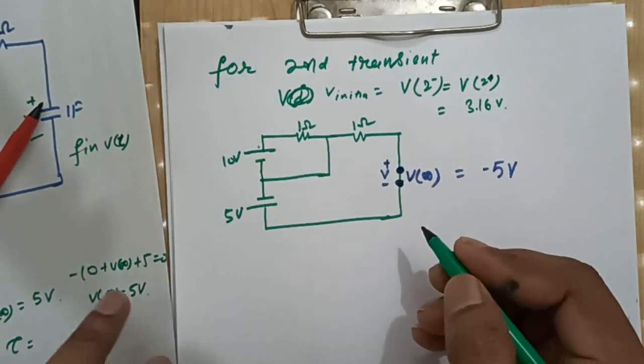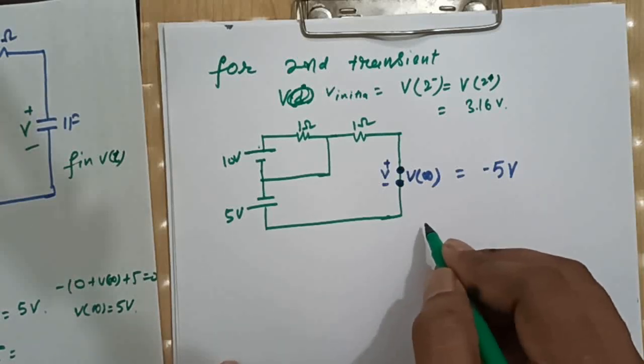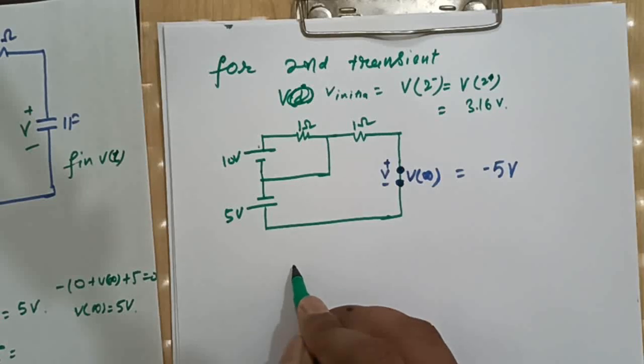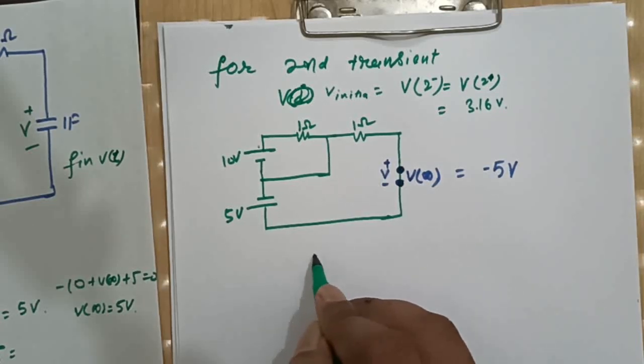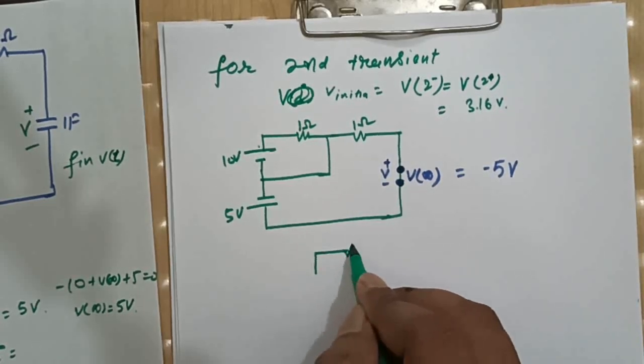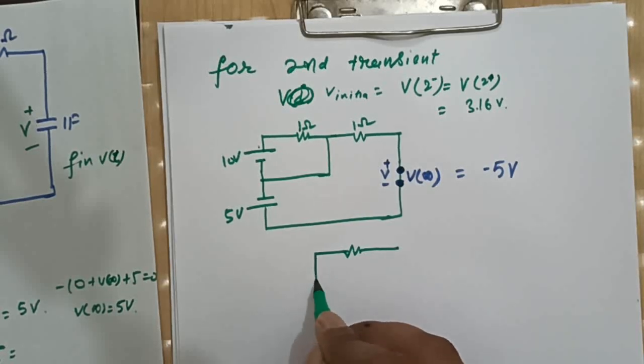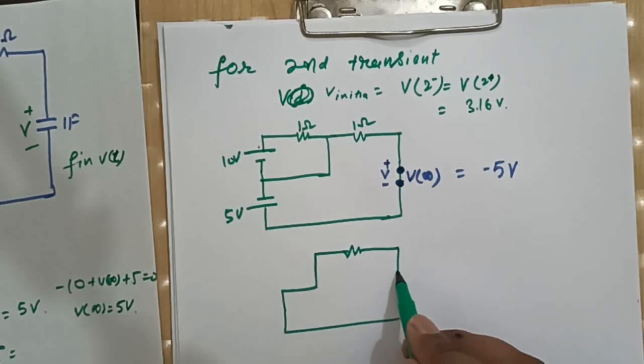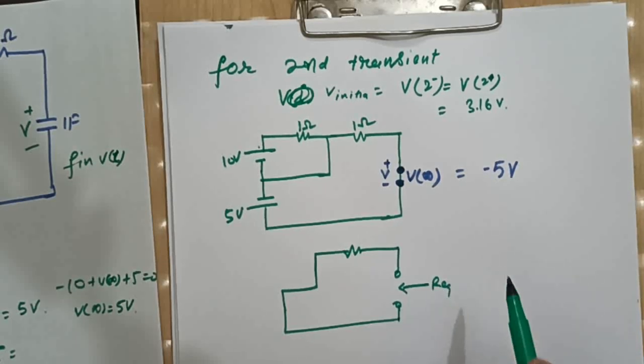Now to calculate the time constant for the second transient, we have to calculate R equivalent. So after introducing the second transient, for calculation of R equivalent, what will be the circuit? The circuit will be, this source will also get replaced by short circuit. This is the R equivalent.